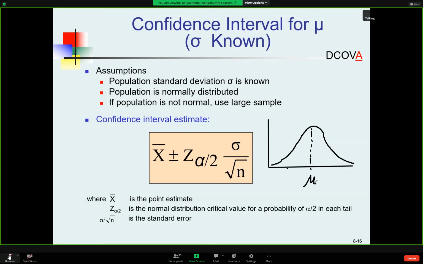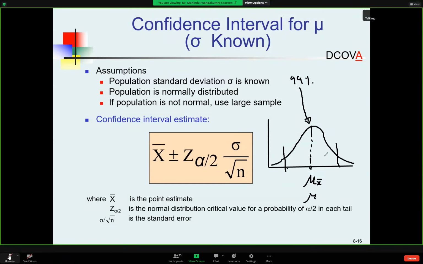Then this is the population mean, or we can say mean of the mean. And we are constructing a confidence interval, let's say 99%. Then in this curve, because we make the range, this is the lower limit, this is the upper limit. Then this area should be equal to 99%.